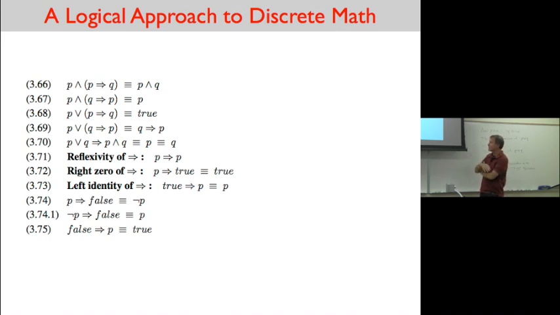Of course, we're not doing proofs by truth tables anymore. And what about 3.68? If P is true or if P then Q is true, well, one of those has to be true. It's kind of like an excluded middle, isn't it? A little bit. And by the way, it's a little bit redundant here.